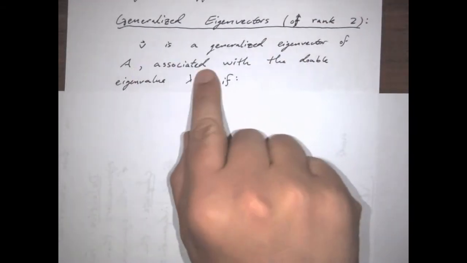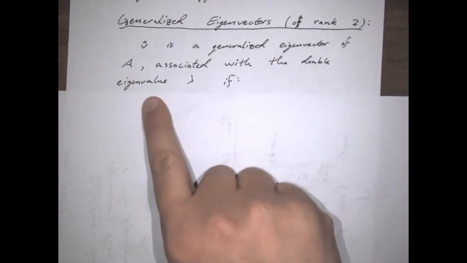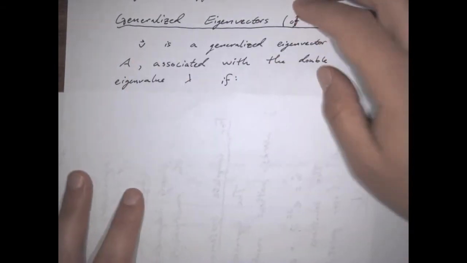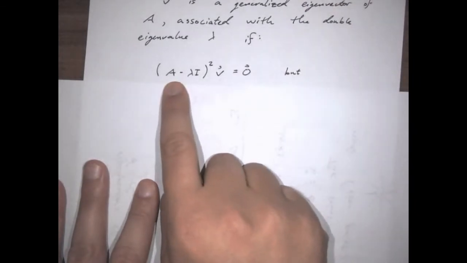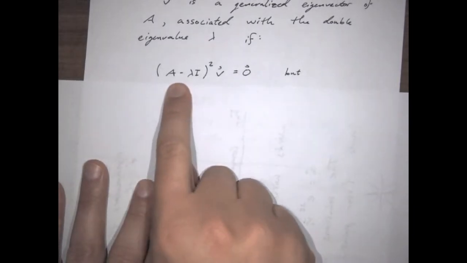On the one hand, if you take the matrix A minus lambda I, that's the matrix that we typically use when we take the determinant to find the characteristic polynomial, and then we find the null space of this matrix to find the eigenvectors.